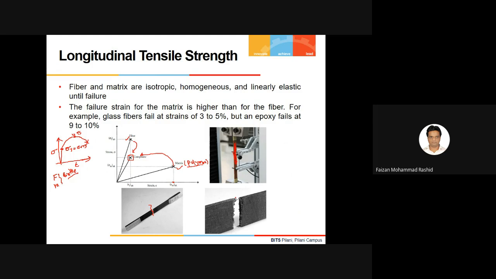I need to calculate this value, because I know the ultimate strength of fiber and the ultimate strength of matrix. I know these things. So if I know UTS of fiber and UTS of matrix, then what is sigma composite UTS? This I want to know in that longitudinal direction.